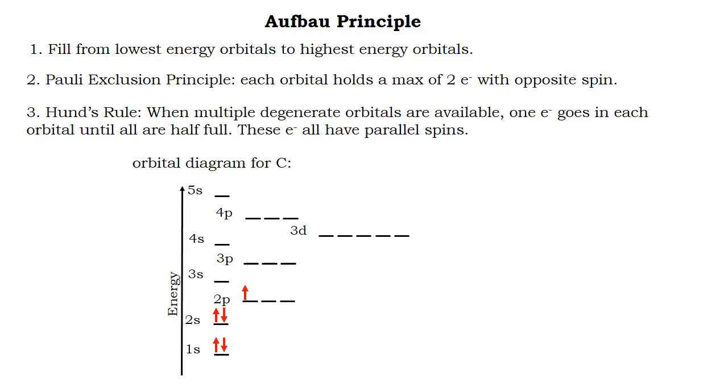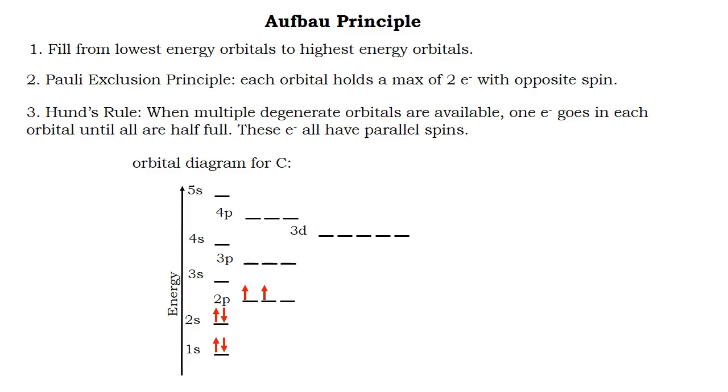So let's talk about that sentence. Multiple degenerate. Degenerate actually means equal in energy. So what you can see there for the 2p subshell is that there are 3 lines. There are 3 orbitals available. They are all 3 equal in energy. And so the next electron is going to go in the second orbital. So basically electrons are like people. They'd rather live alone than have to live with a roommate, because it's just a lower energy situation.